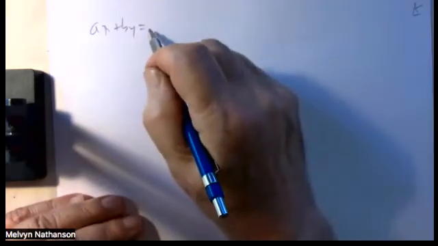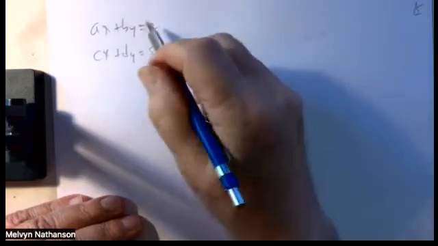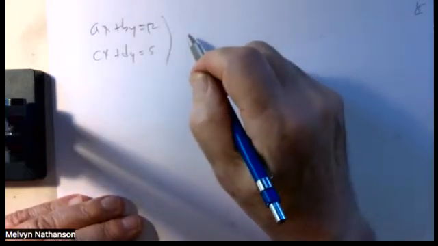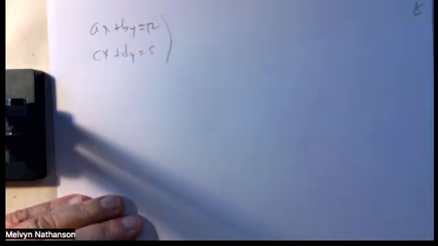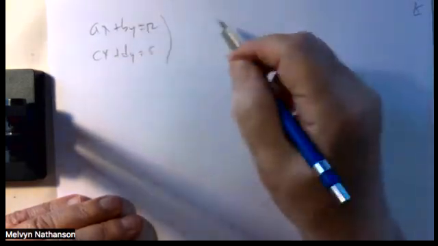So if you have ax plus by equals r and cx plus dy equals s, there's a formula for x and y in terms of what is called the determinant of the matrix.